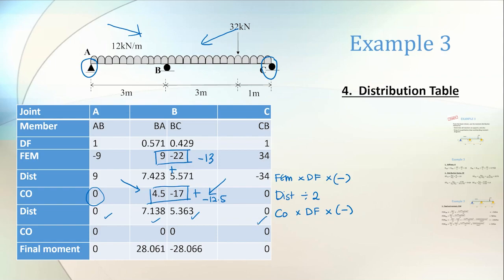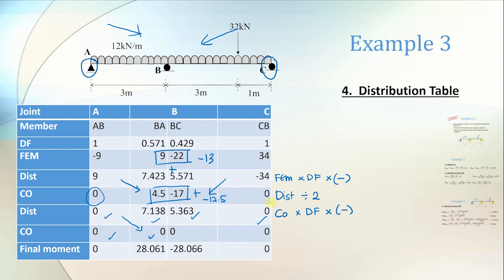Okay, still not zero, so we will carry over. To carry over, AB can carry over to BA, so stay zero, but BA cannot carry over to AB, so that's why it becomes zero here. And then for BC, you cannot carry over to CB, so zero.